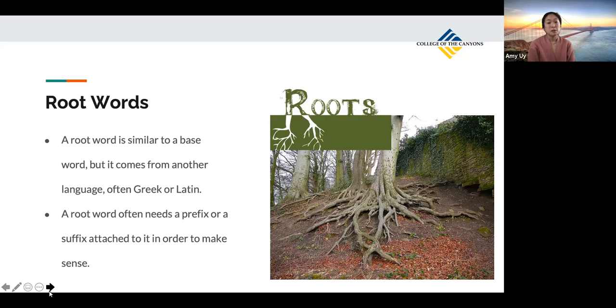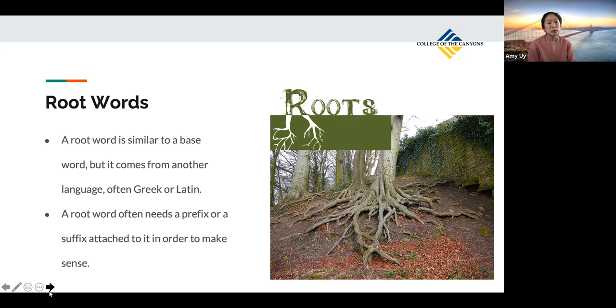Now let's look at root words. A root word is similar to a base word, but it comes from another language, often Greek or Latin. Root words often need a prefix or a suffix attached to it in order to make sense.